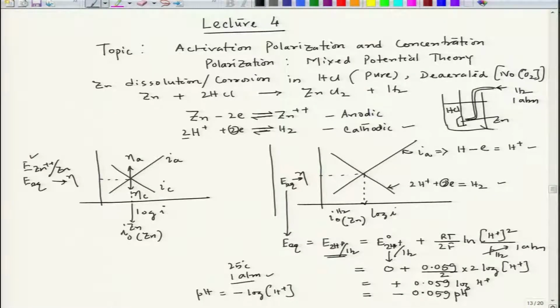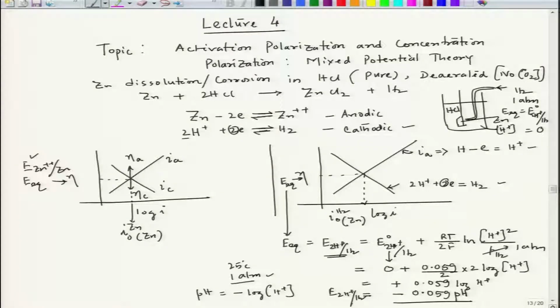We are maintaining the H plus ion concentration. If it is 1, then the pH will be 0, and at that time E equilibrium would be E0_H+/H2, which is 0. But if the H plus ion concentration has some other value than 1, then it can have an equilibrium potential value related to this equation, E_2H+/H2.